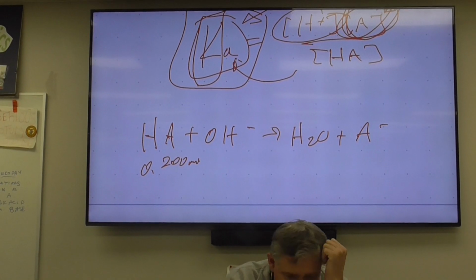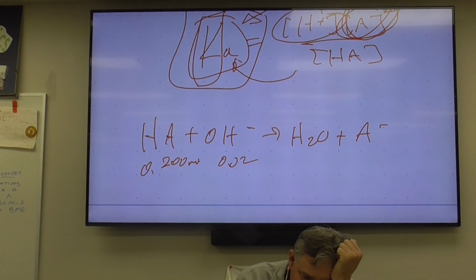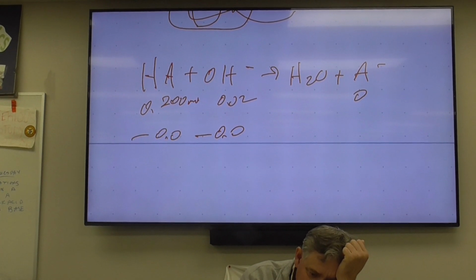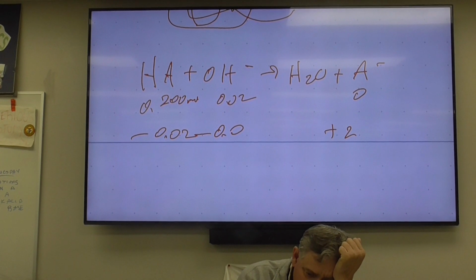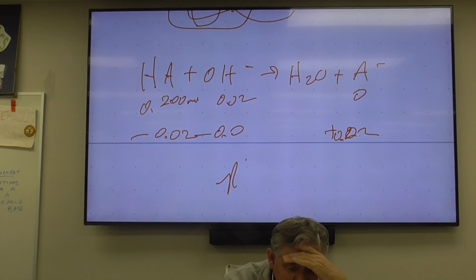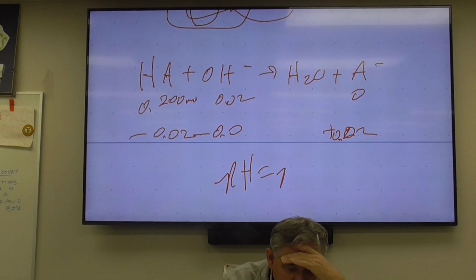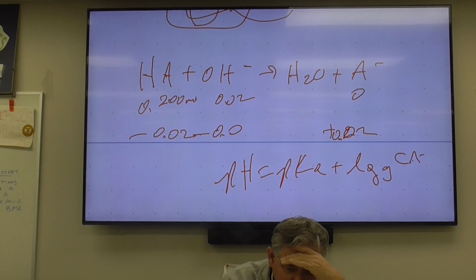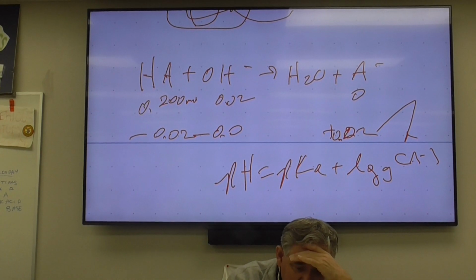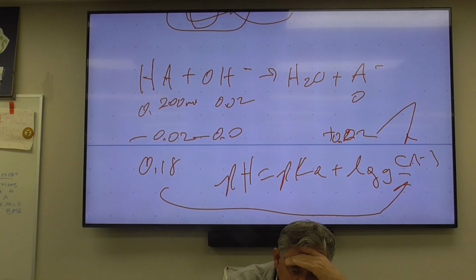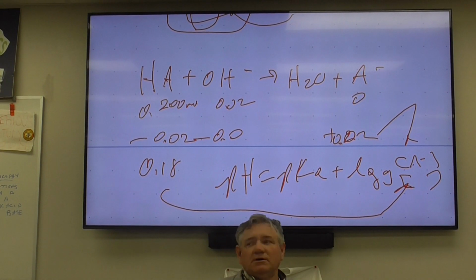So this is 0.02 moles. This is 0.02. That's 0. Minus 0.02, minus 0.02, plus 0.02. Boom. Once you get those numbers, then all you're doing is plugging that into that Henderson-Hasselbalch equation. Okay, there's your anions. There is your acid concentration. Boom. That's all you got.